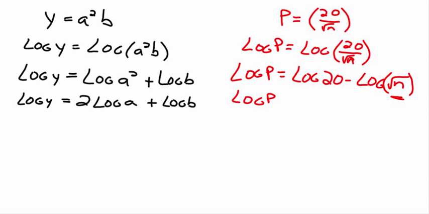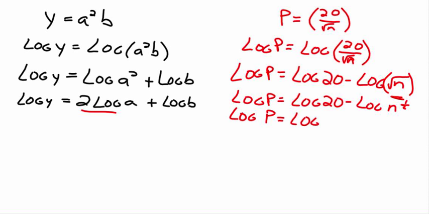The exponent of a square root, if you remember, is a fraction, so we're going to take it to the 1/2. So if we have n to the 1/2 power, that means we multiply just like we did with our a and our 2 in our last problem. So we get log of p equals log of 20 minus 1/2 log of n.